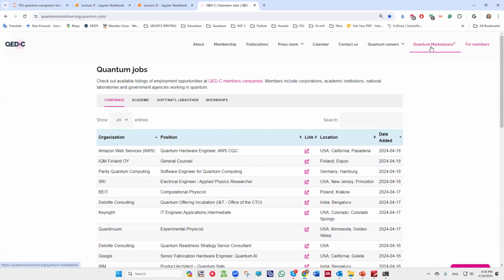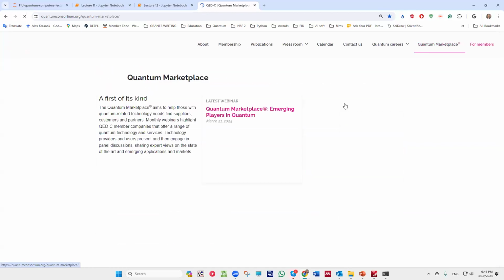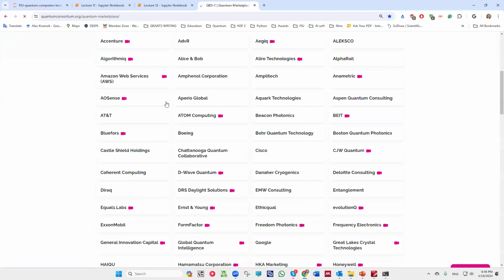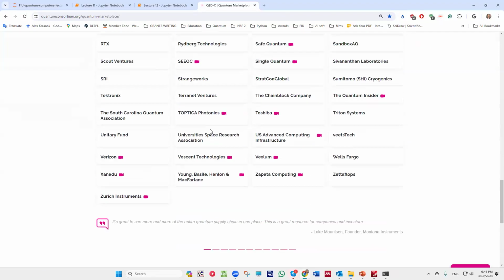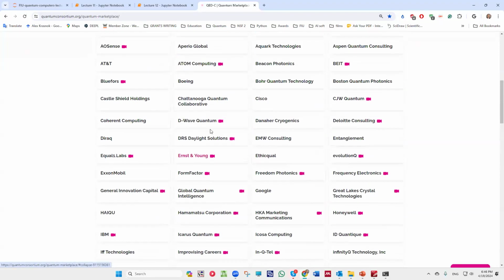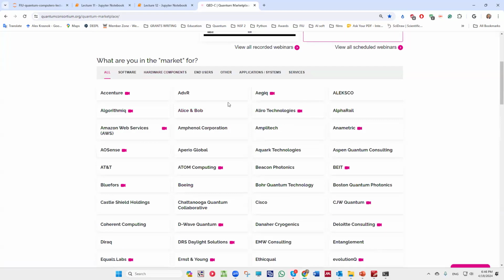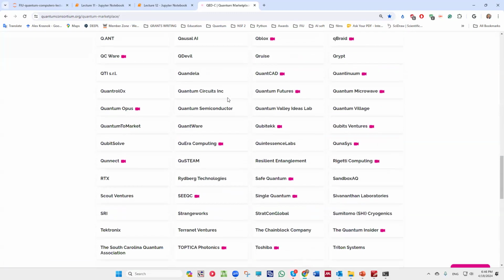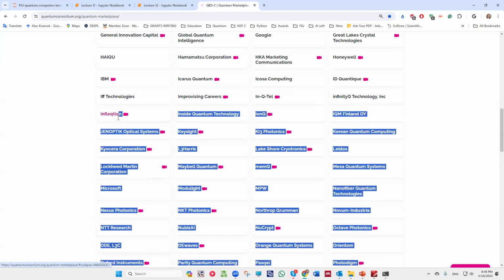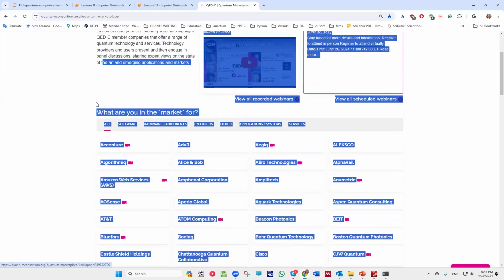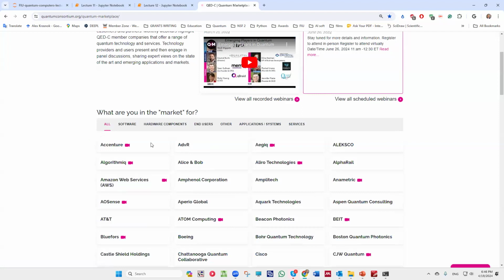Also, on this website, you can find the quantum marketplace, which is pretty much the list of all essential vendors and companies for quantum. You see the list is huge, and all these companies today develop quantum computers.